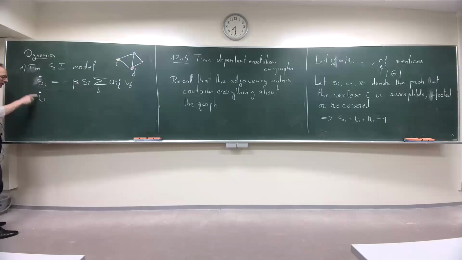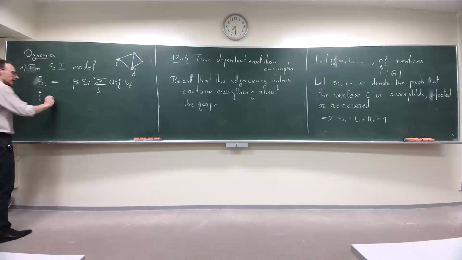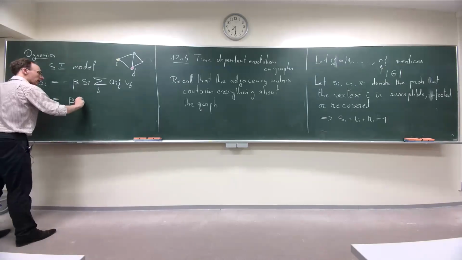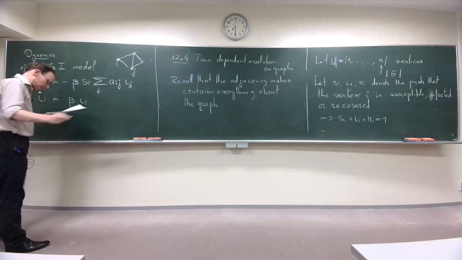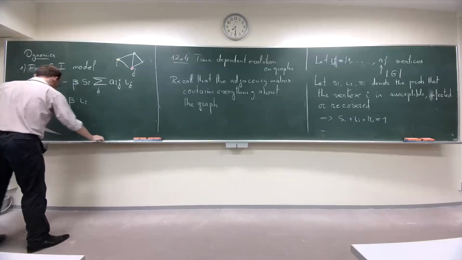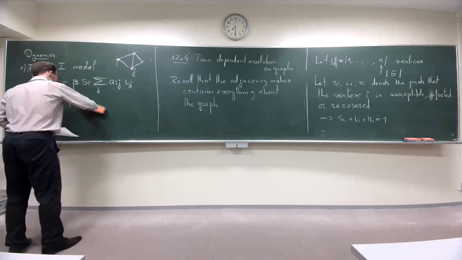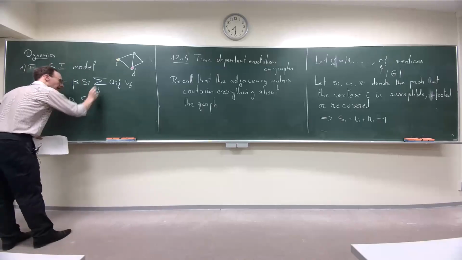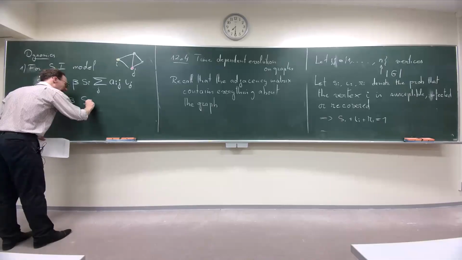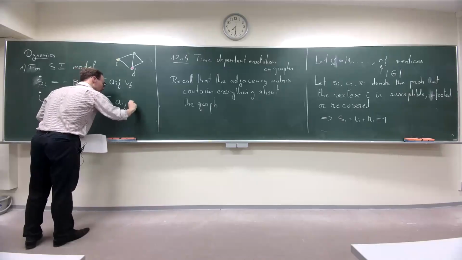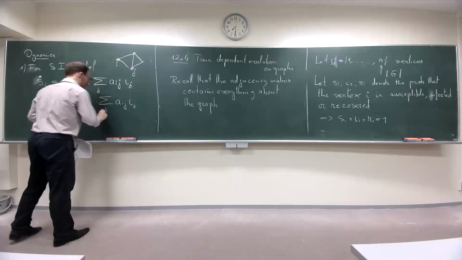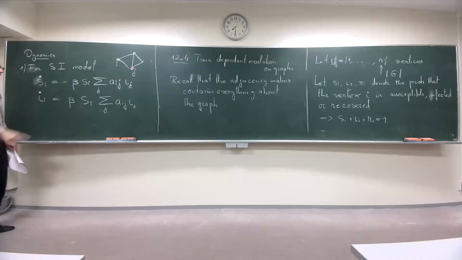So be careful. The iota derivative at vertex I is given by beta, sorry, it is SI, the sum over J of Aij iota J. It has to sum up to 0.